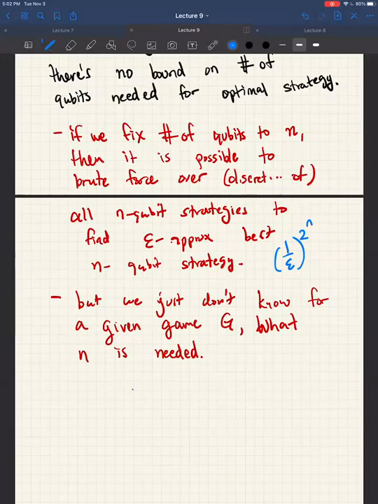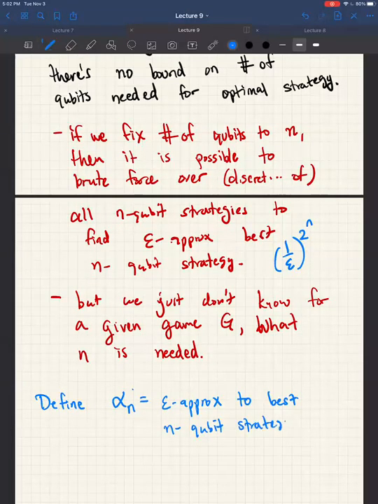So I want to dwell on this n qubit thing just for a little longer because it'll come up again. So let's define alpha n to be the epsilon approximation to the best n qubit strategy winning probability, right?